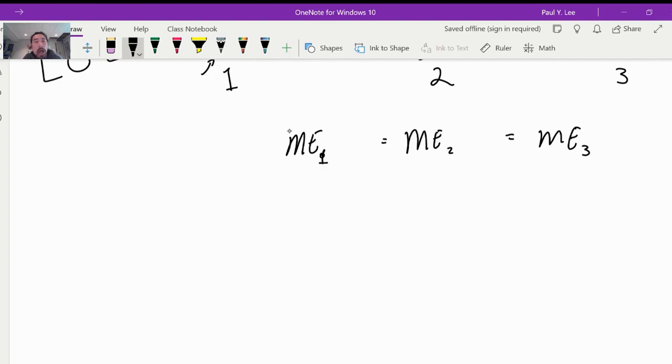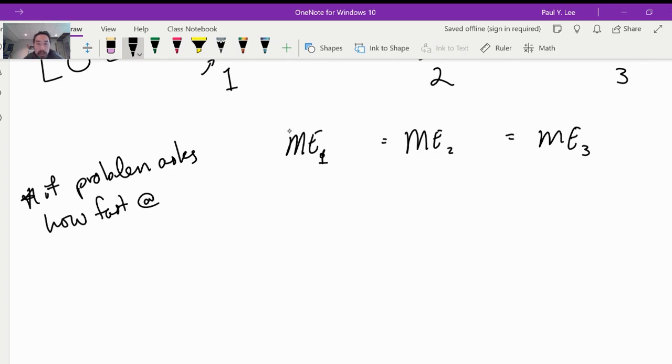Now, here's the cool part. Based on the problem, if we're looking for a variable, let's say how fast is it going halfway through, we only have to focus on the initial and mechanical energy 2. So let's write that down. If the problem asks how fast at half point, we just have to write the initial equals the halfway point.